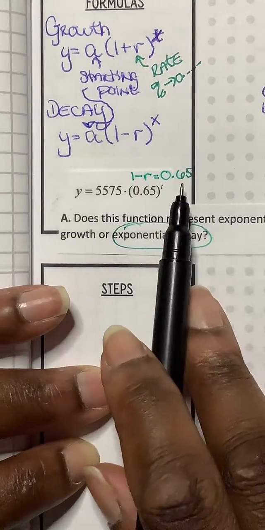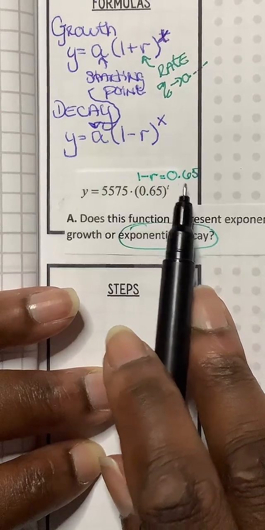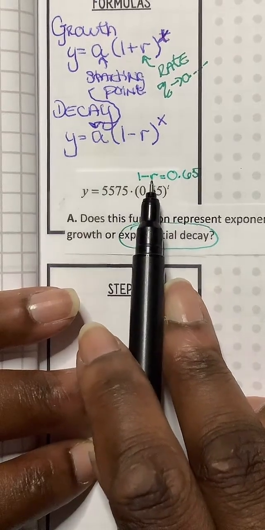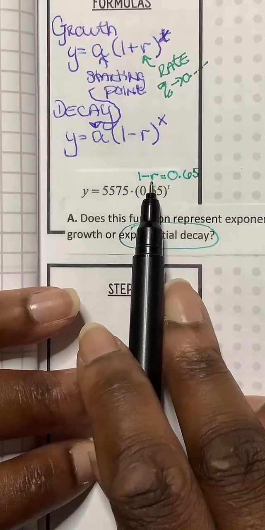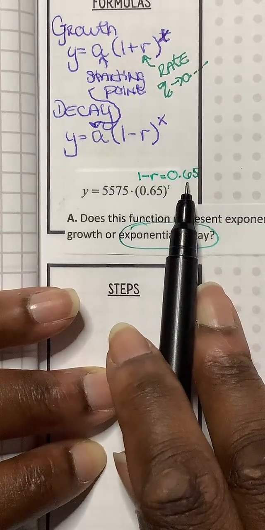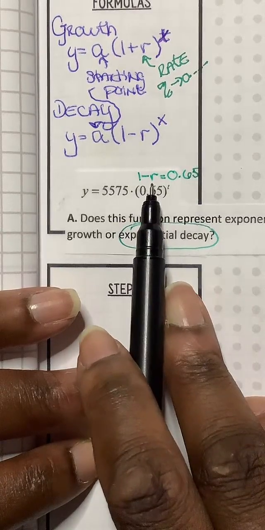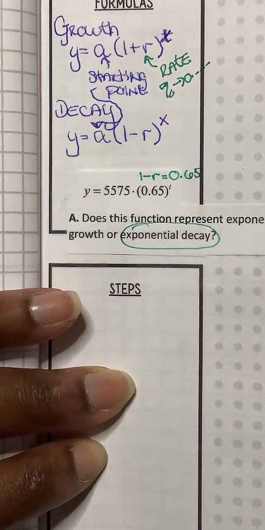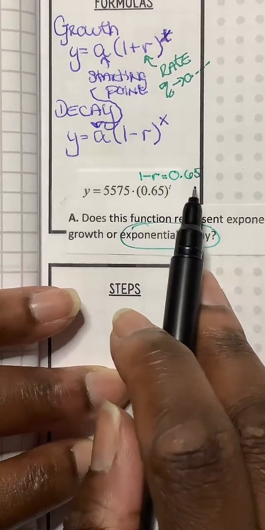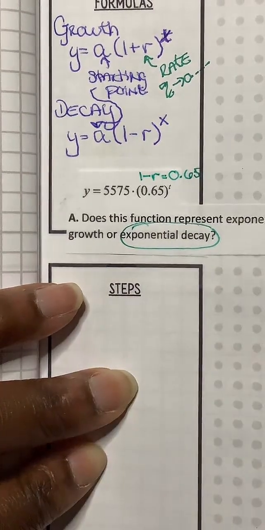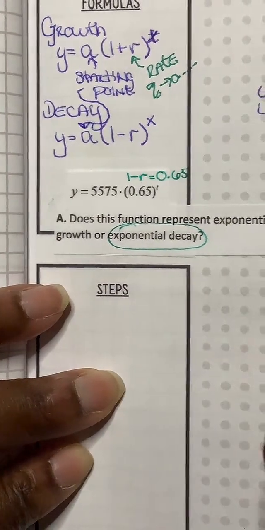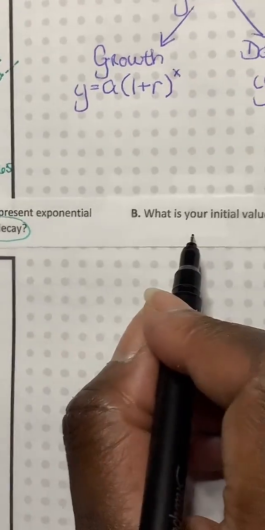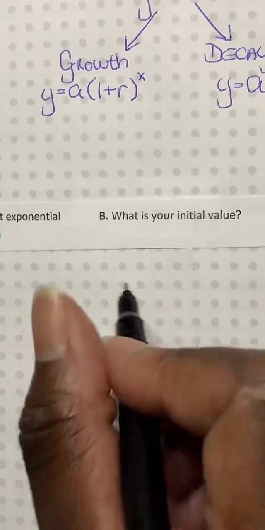Okay, this is what we got. Let's see, there was a number, 1 minus a number was giving us that 0.65. We have to figure out what that number was. So that number is going to be your 1 minus 0.65. That will give you your 0.35. So they ask you what my initial value is.